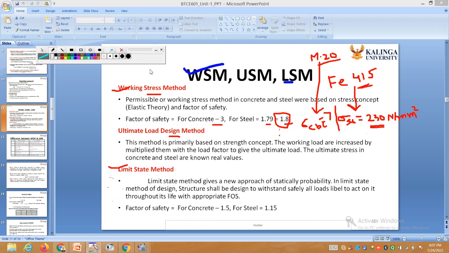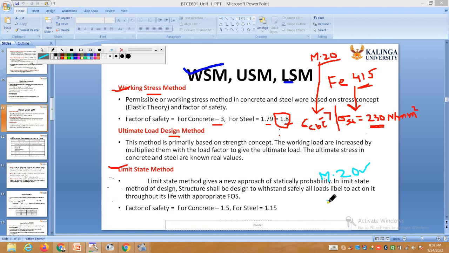For M20 grade concrete, the compressive strength offered by the concrete will be 20. So in the limit state method, we are taking 20 newton per mm square characteristic strength as it is. No factor of safety is applied to the material strength.